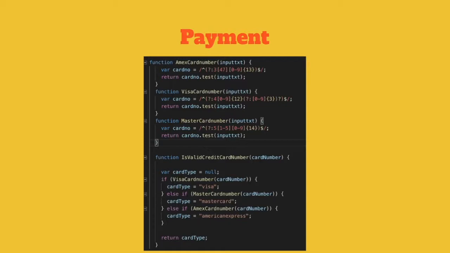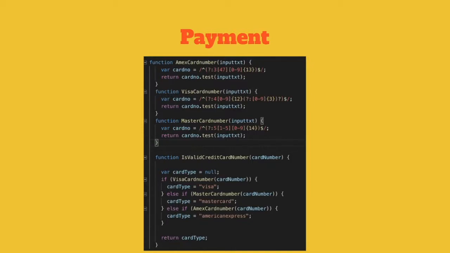Alright, so here's the code for the payment. As you can see, I have 4 functions. The first 3 are set on creating the type of card it will be. For example, for the American Express card number, the card number starts with a 3 and has to have 47. Because every card has a specific number it starts with, as soon as the user starts typing their number, the program will know what kind of card it is, and it will highlight which kind it's going to show.